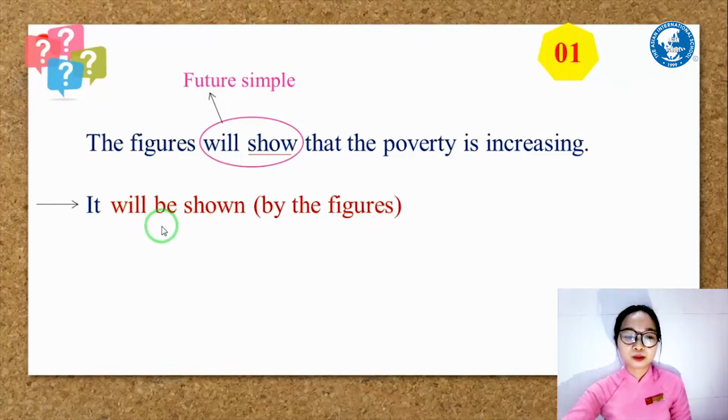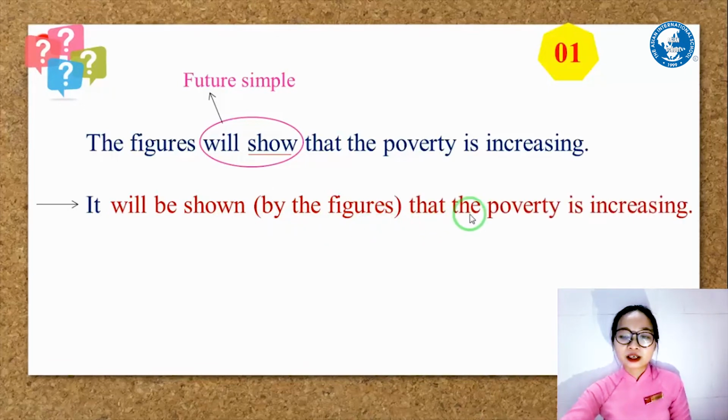Be in future simple, so we have will be and show in past participle form. You can add by an object after the passive verb, or you can omit it: by the figures. And after that is the that clause: that the poverty is increasing.